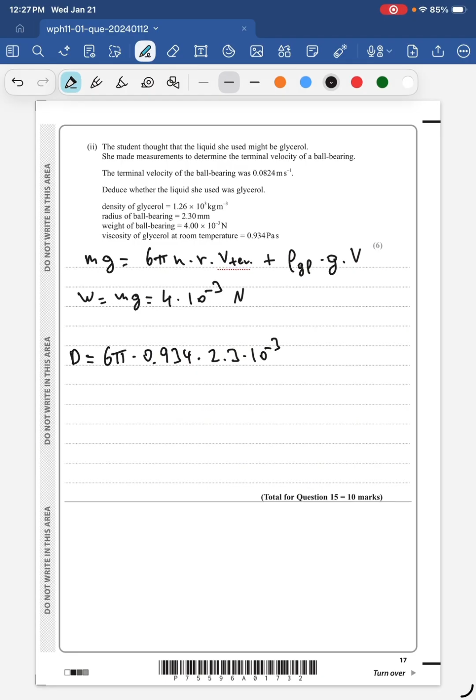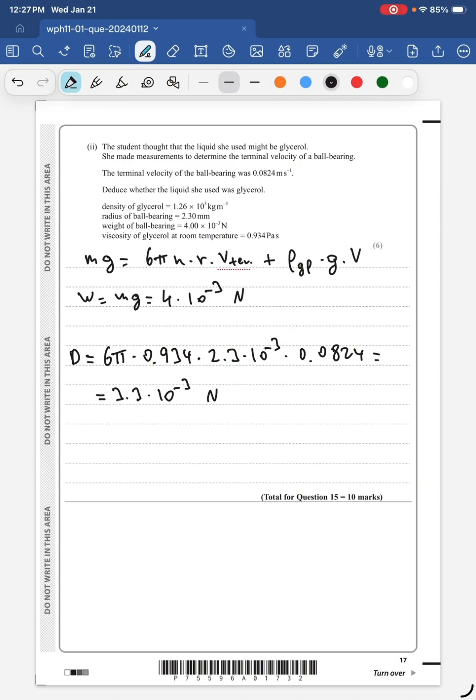What else are we missing? Times the terminal velocity, which is 0.0824 meters per second. This yields a drag of 3.3 times 10 to the negative 3 newtons.